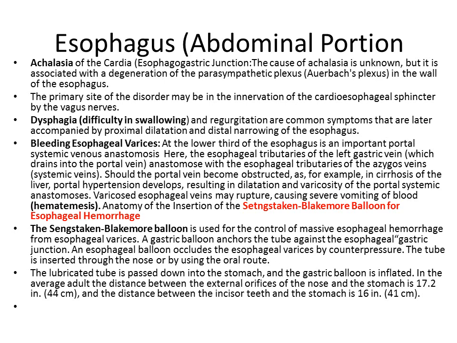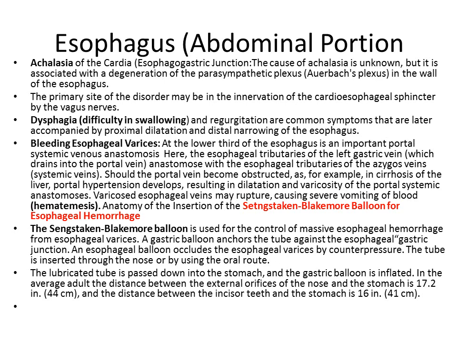The anatomy of the insertion of the Sengstaken-Blakemore tube is used for this purpose, to prevent bleeding. The Sengstaken-Blakemore tube is a balloon tube used for controlling massive esophageal hemorrhage from esophageal varices. The gastric balloon anchors the tube against the esophageal-gastric junction.